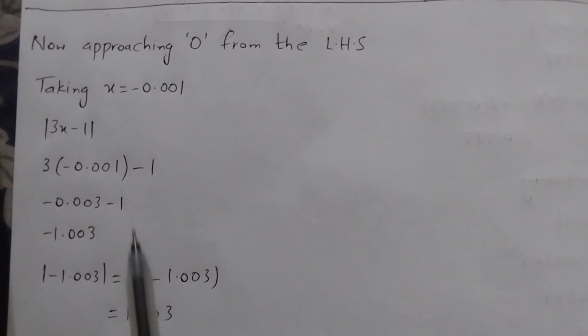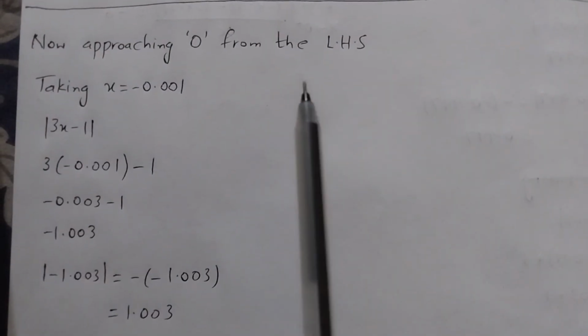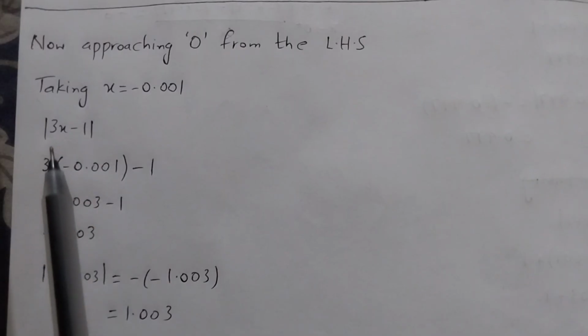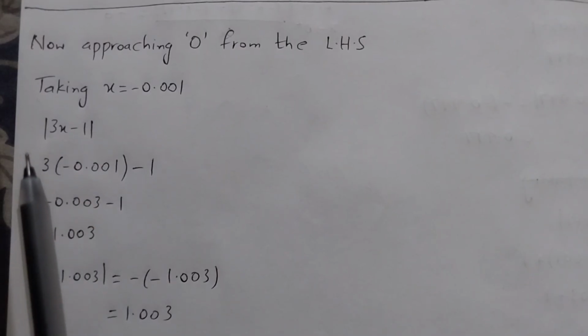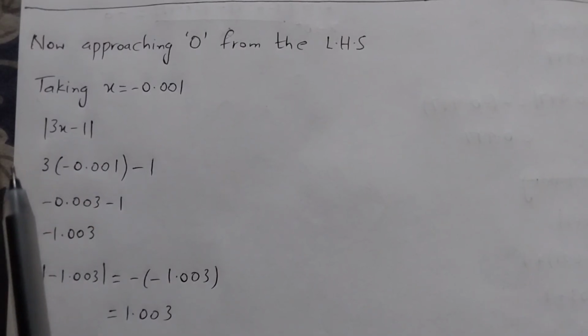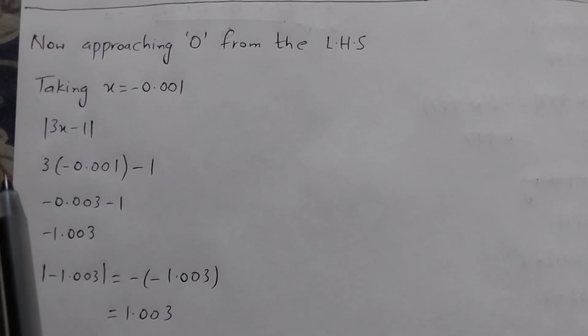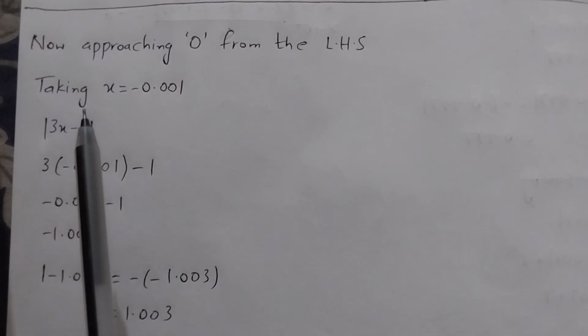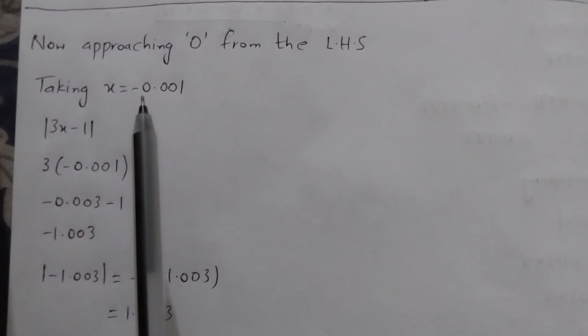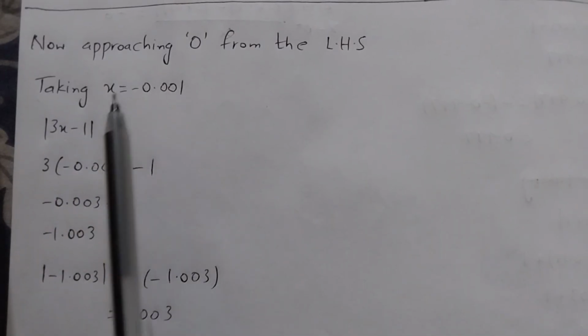Now we will approach 0 from the left hand side. As we are approaching 0 from the left hand side, we'll have a value for x which is very close to 0, but it will be negative. So firstly, I'm taking the same value 0.001 but with a negative sign.